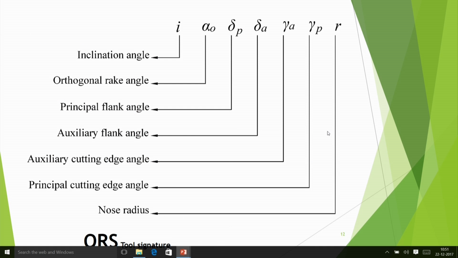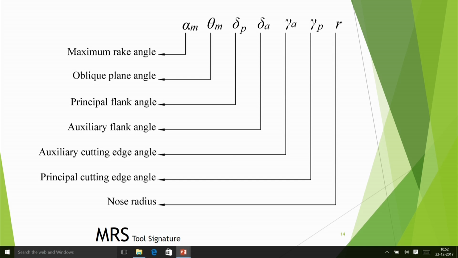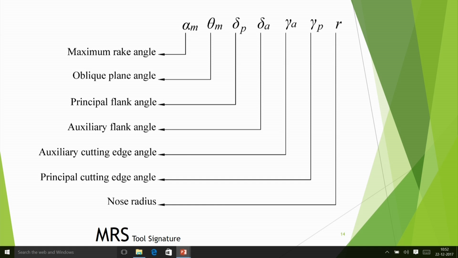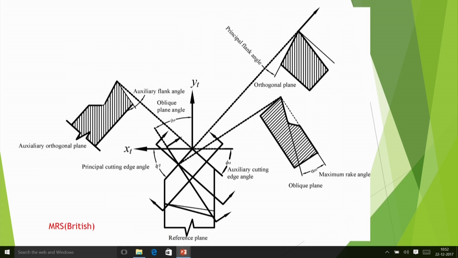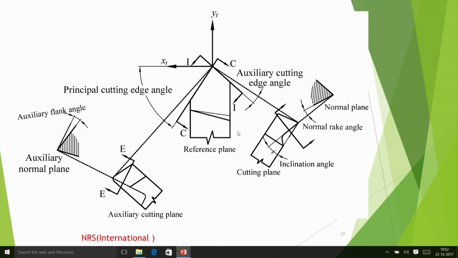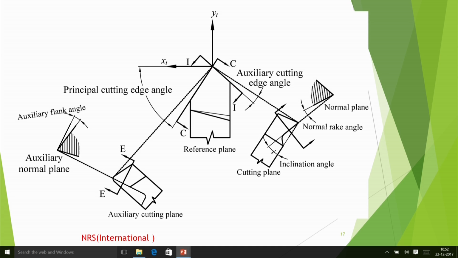We have told ORS system, then we have told MRS system, maximum rake system, that is British system. ORS system is called continental system, and then normal rake system is called international system, that is NRS. In that also we have shown normal rake angle, and then normal rake angle and orthogonal rake system is somewhat similar, not much difference.